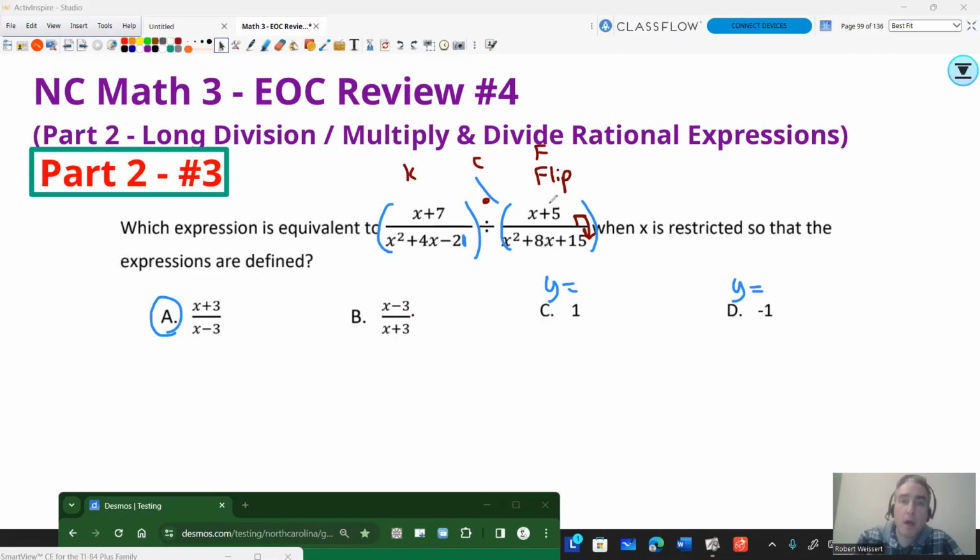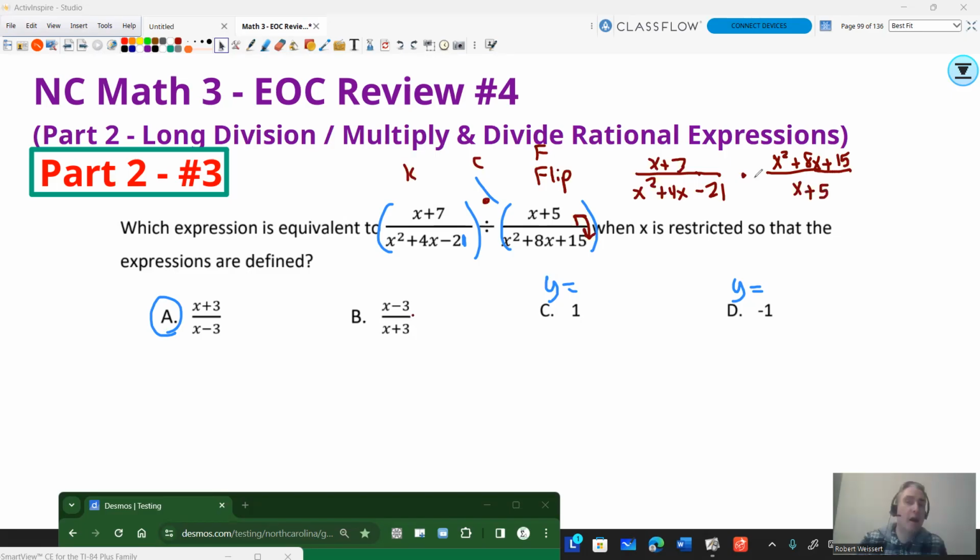So I'm going to rewrite that as x + 7 over x² + 4x − 21, not 2, and then times x² + 8x + 15 divided by x + 5.